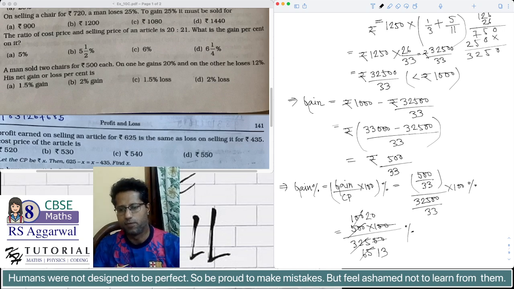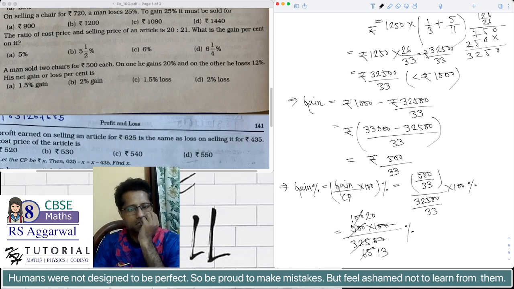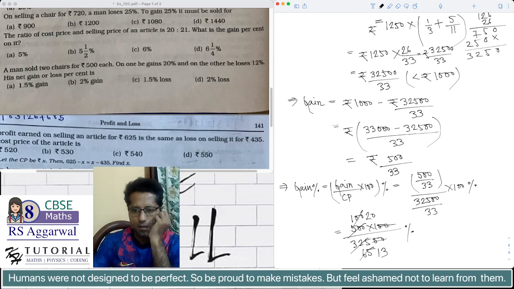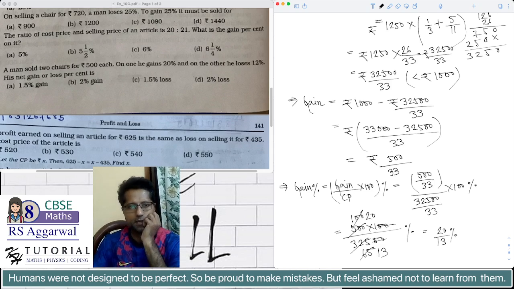So it is coming 20 by 13 percentage gain.